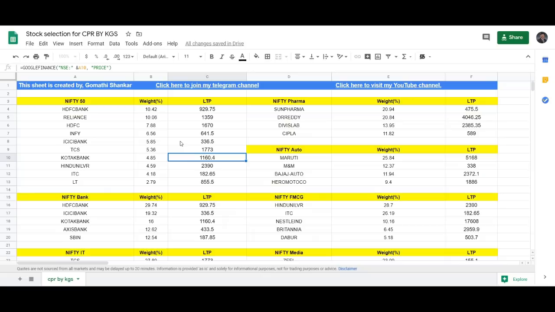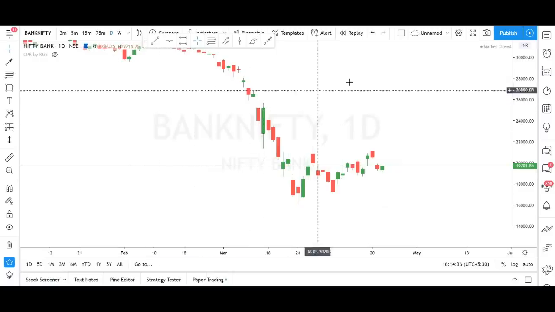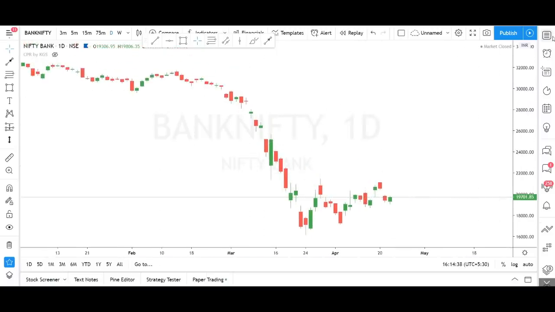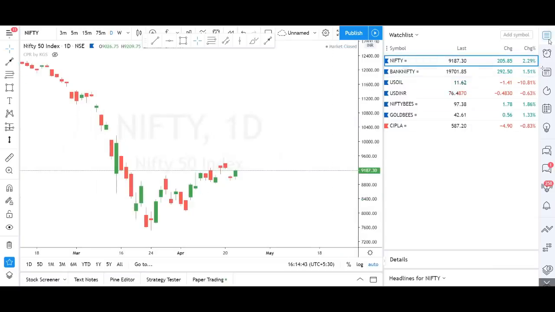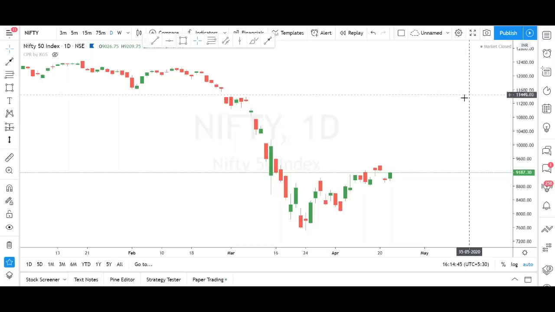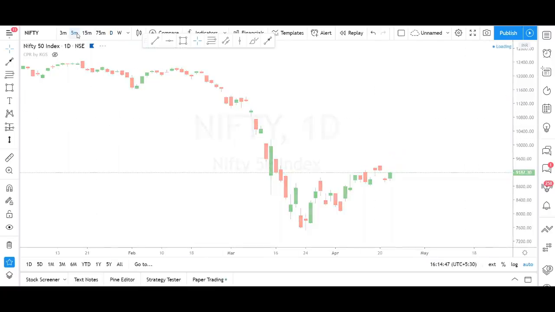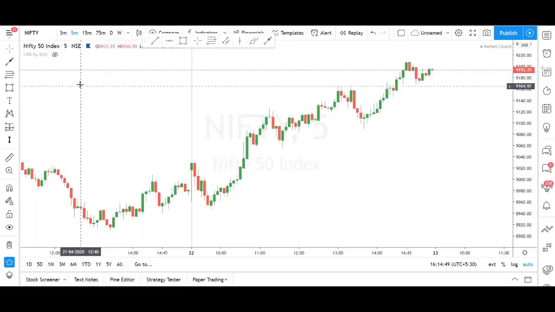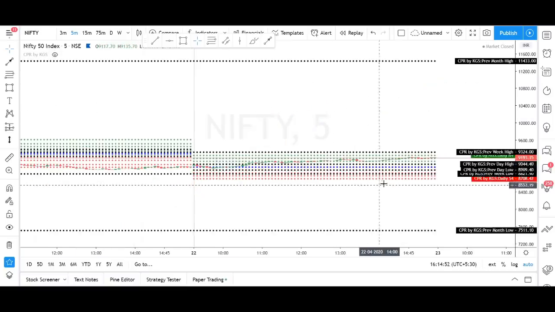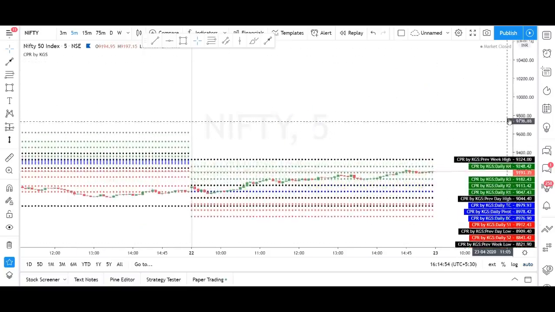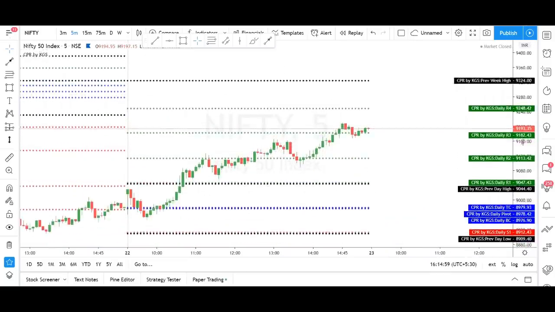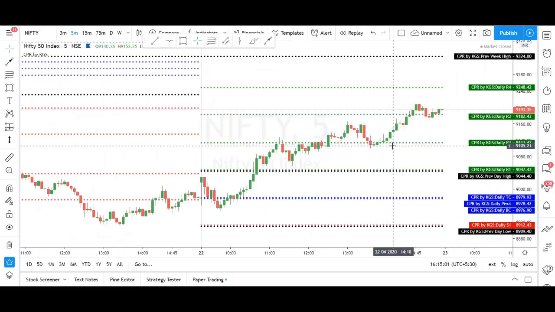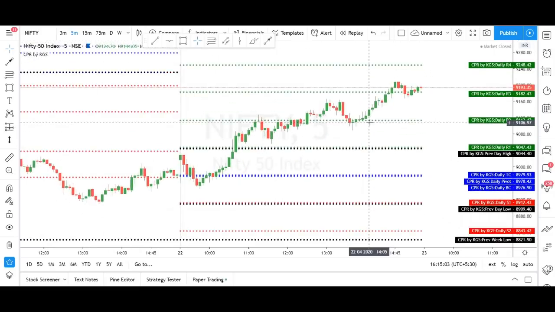They are asking whether this CPR works only in Bank Nifty, or whether it works in Nifty as well as in any other stocks. They keep asking, shall I use this strategy in Nifty? Shall I use this strategy in stocks? Shall I use this strategy in the forex market? This is the common question I receive frequently.